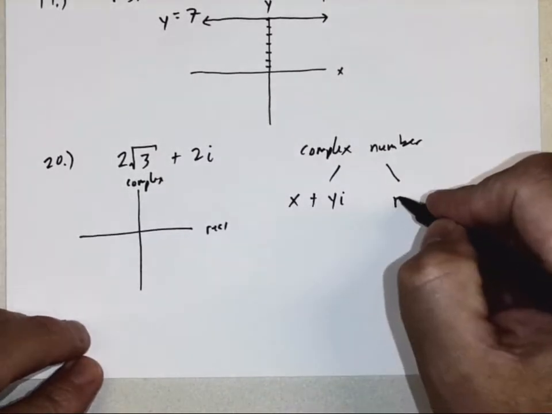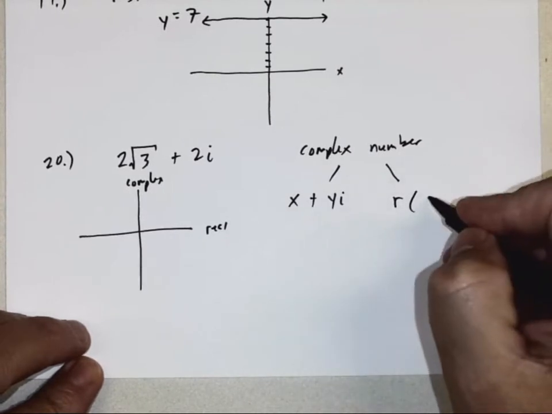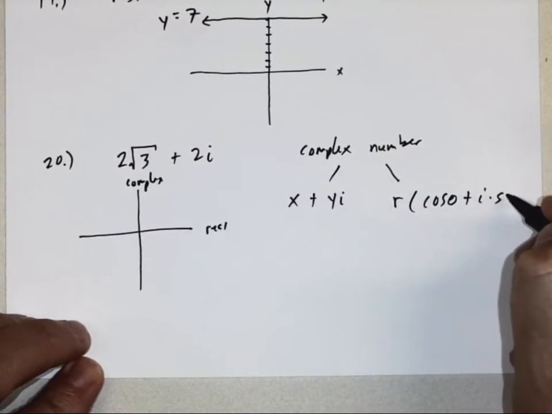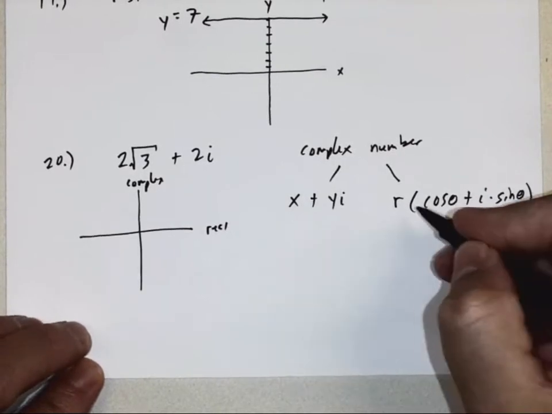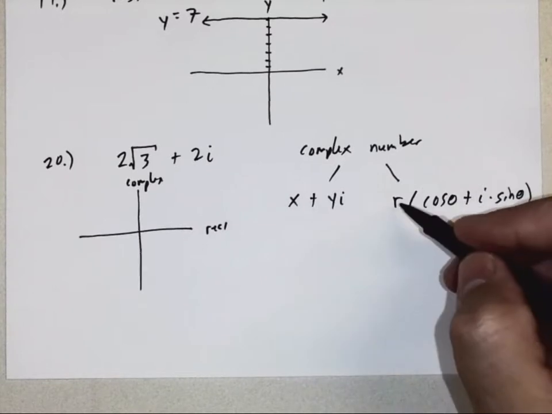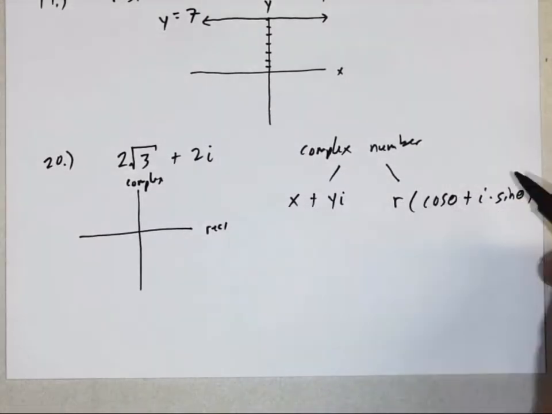And for that, it's going to be r times, in parentheses, cosine theta plus i sine theta. Here's r and theta, here's x and y, and really all those same relationships with polar and rectangular coordinates apply.